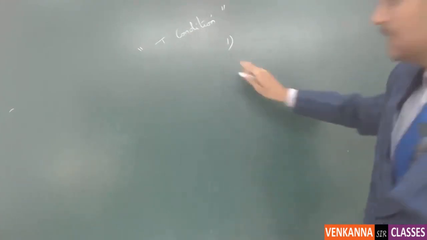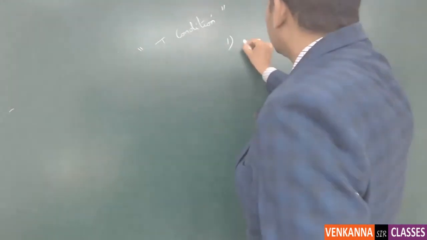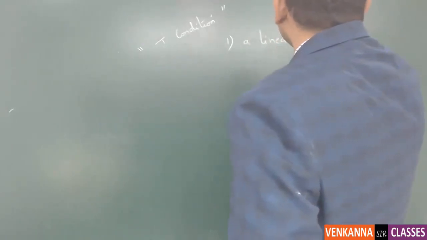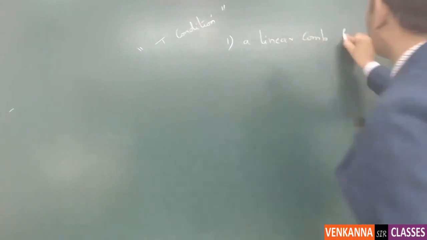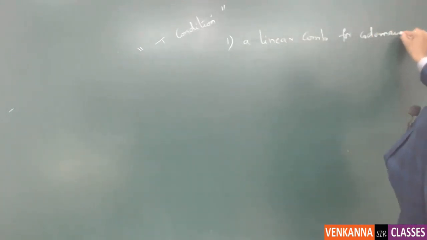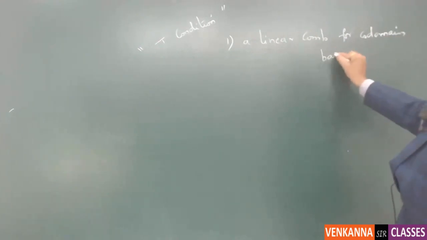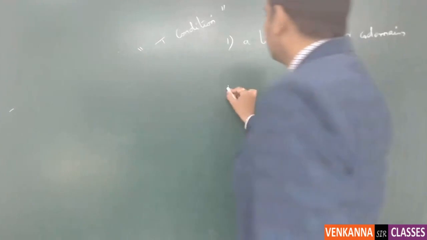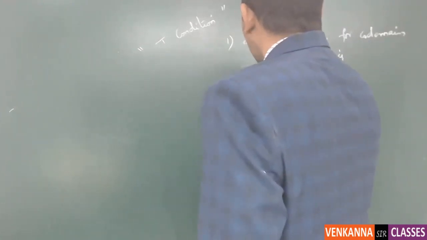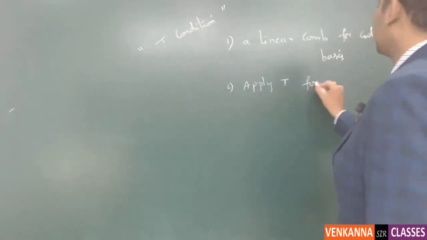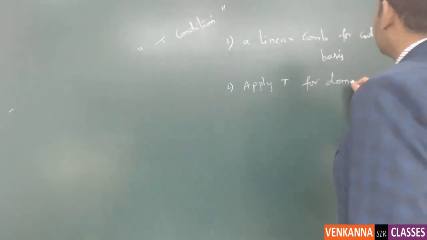So the first part is, you find a linear combination for the codomain basis. Second, apply T for the domain basis.